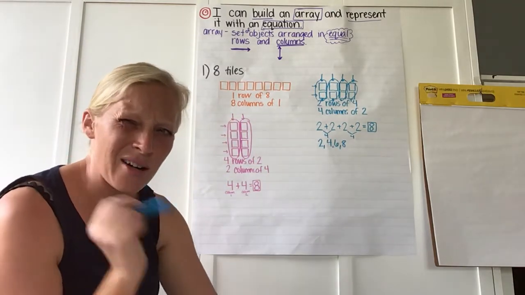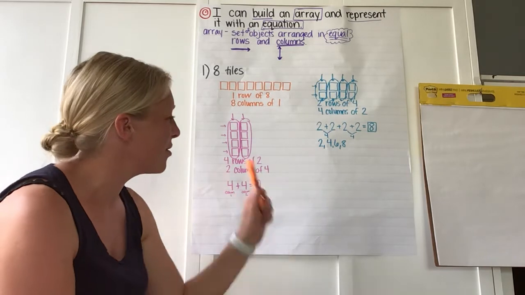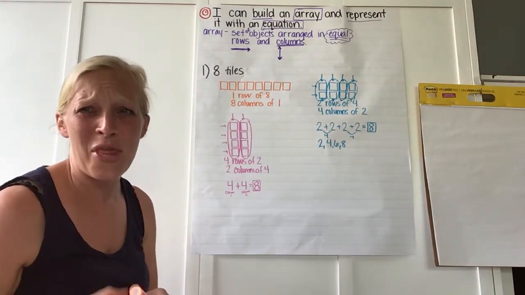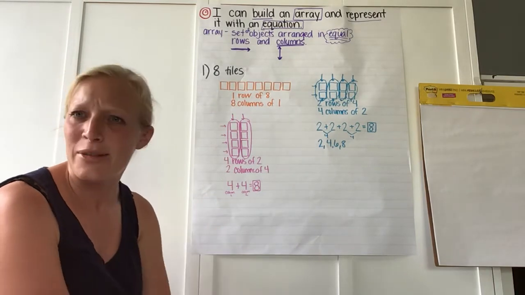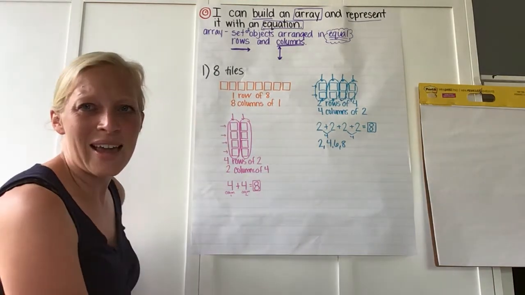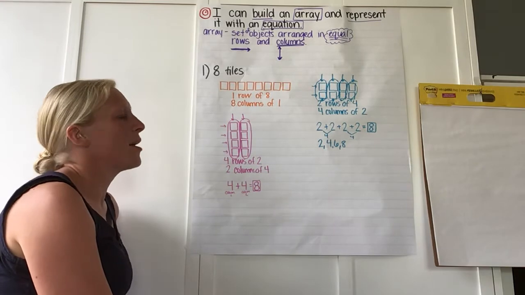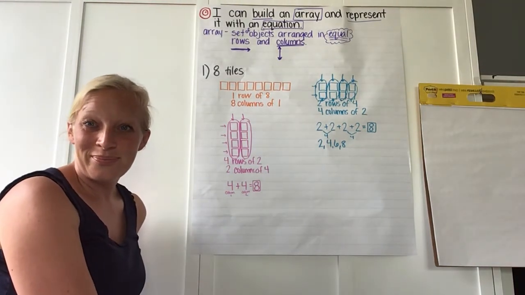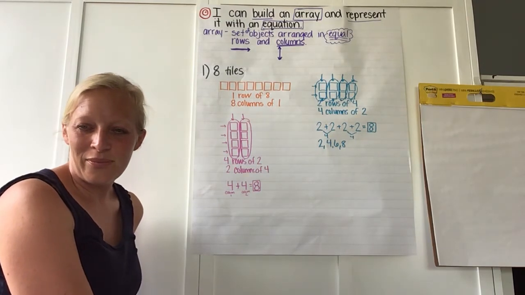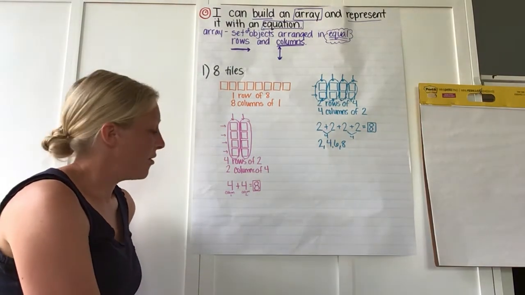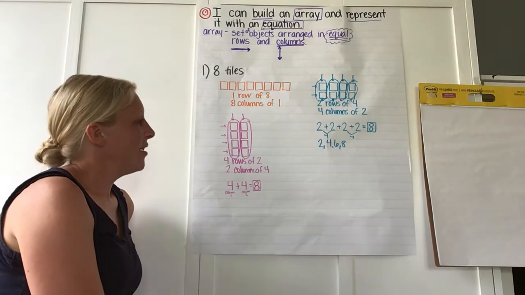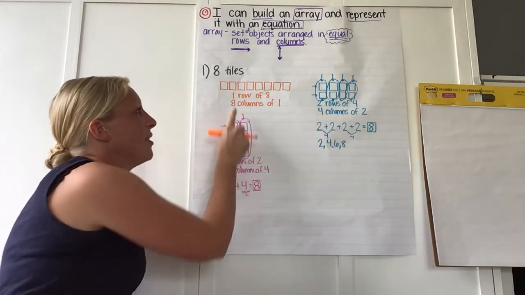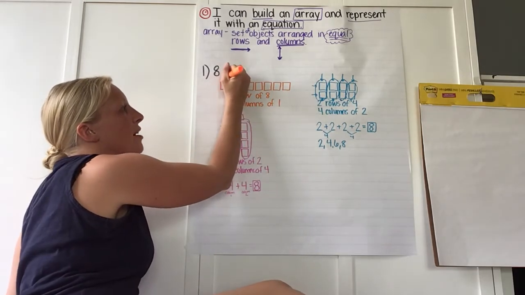If we use our columns to help us write these equations, what would our equation be for this array? What would our equation be for that array? What do you think? Put your thumbs in front of your tummies. Go ahead and share. Okay, so if this one had 4 and 4, and that made 8, then each column only has 1 up here.